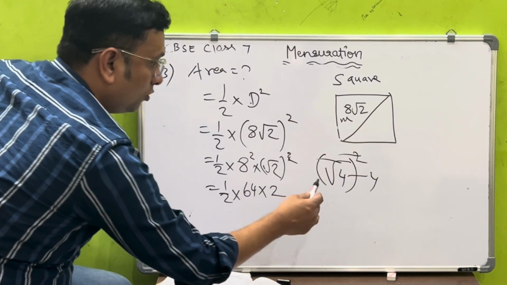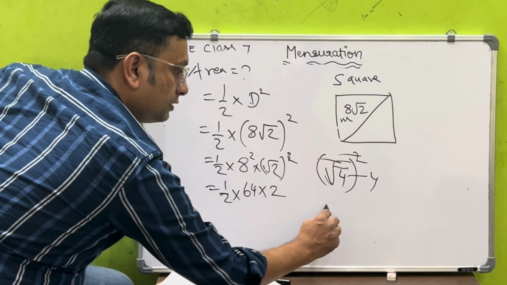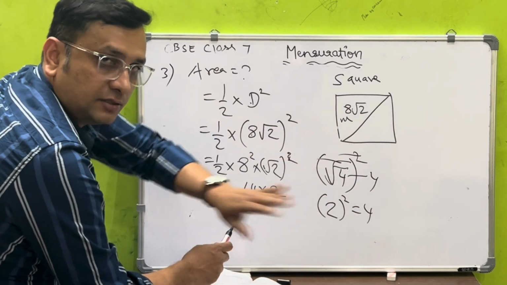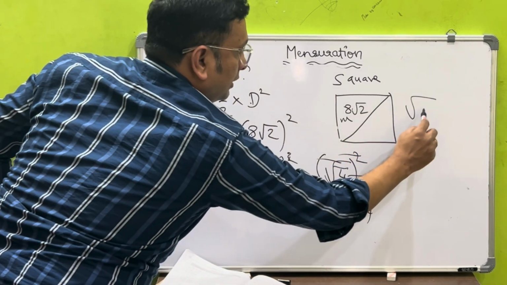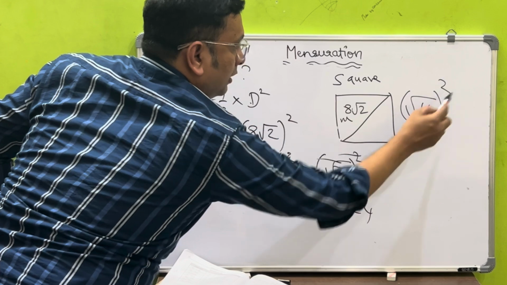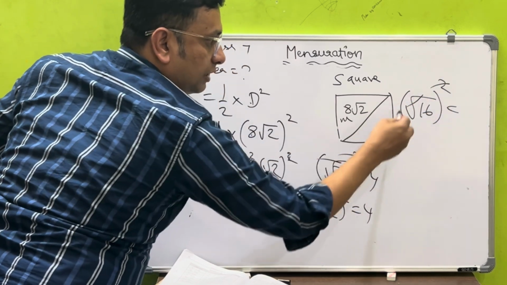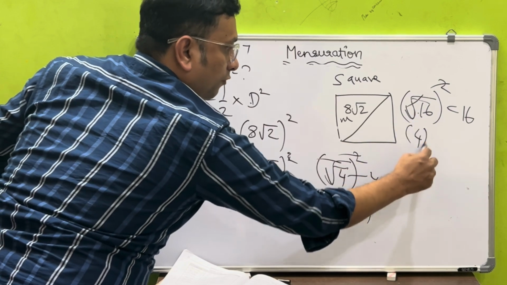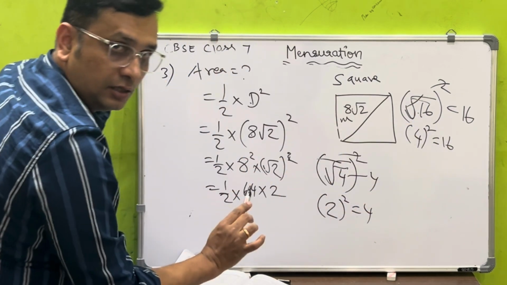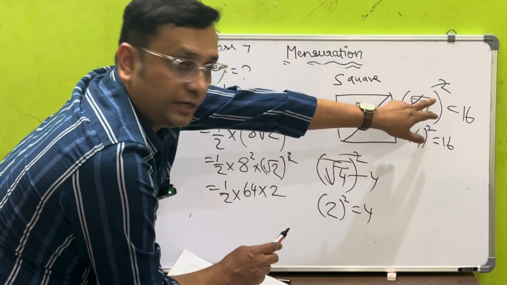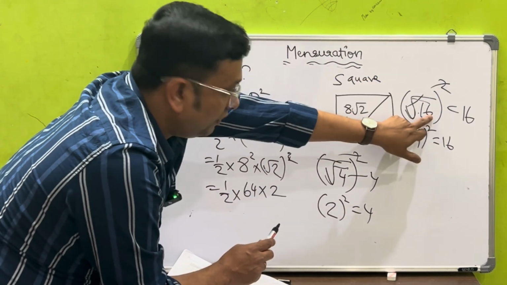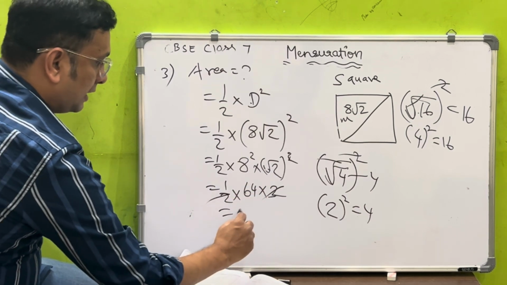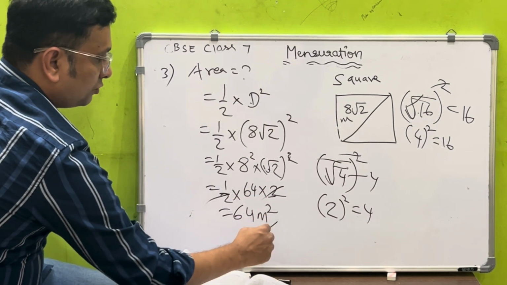If you solve this also, root 4 is 2, and if you square that, it will be 4 only. Even with root 16 of square, you can simply cancel root and square and get 16. Root of 16 is 4, 4 square equals 16 only. So whenever you square root something and square that, the same value will come. So simply you put 2 here, and 64 meter square is the answer.